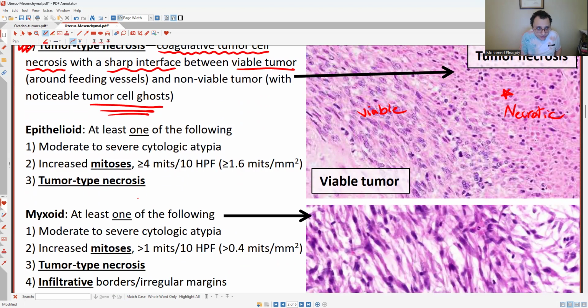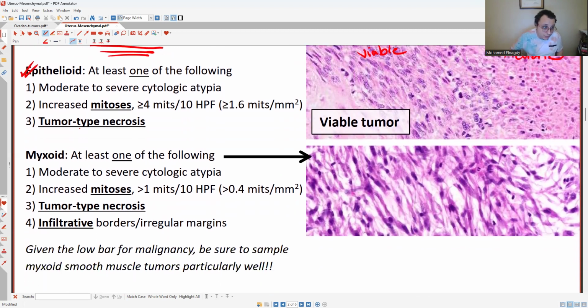There are some other subtypes of leiomyosarcoma, like the epithelioid type. In the epithelioid type, you see epithelioid cells, but still you see the cytological atypia, the increased mitosis, and the tumor type necrosis. There is also a myxoid type, in which you see a loose myxoid background.